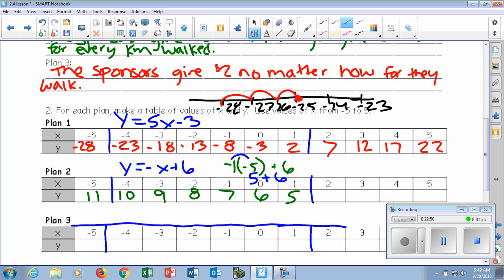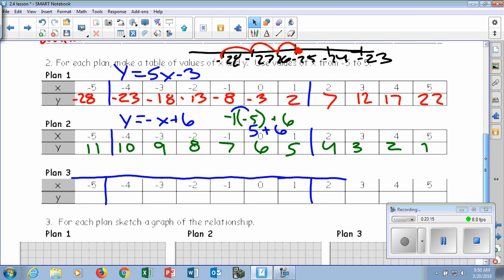We can kind of see a pattern going here, can't we? So 2 times a negative 1 gives you a negative 2. Negative 2 plus a 6 gives you 4. If we keep going, we have 3, 2, and then 1. Becky, did you have a question? Okay. Questions as to how we got plan 2? No?